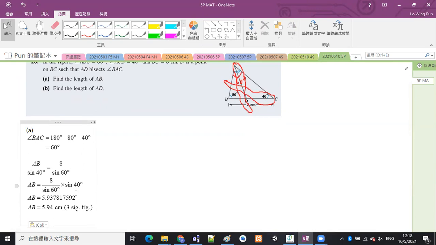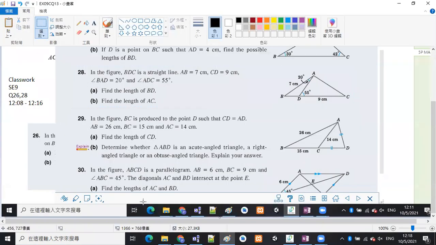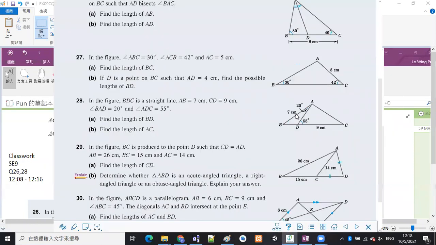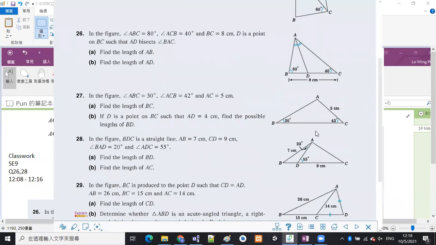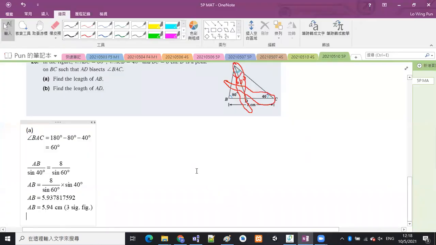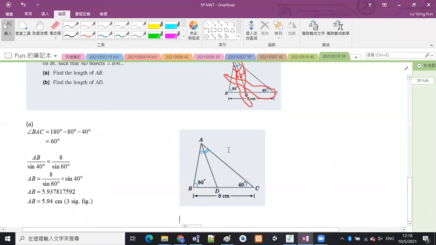And then part B. Find the length of AD. So let me copy and paste the diagram one more time first. We have already found the length of AB, and we have found this to be 60 degrees, okay?